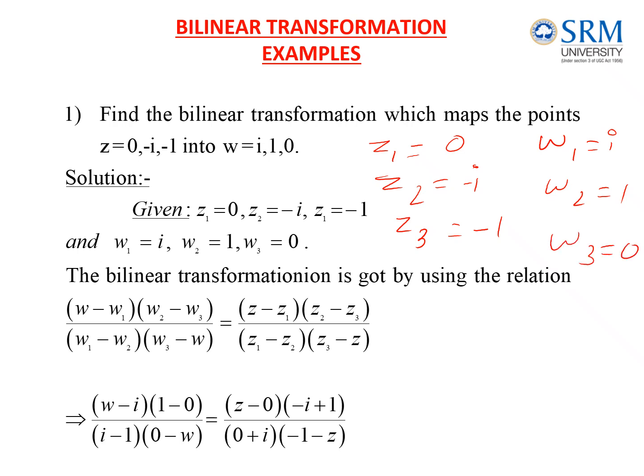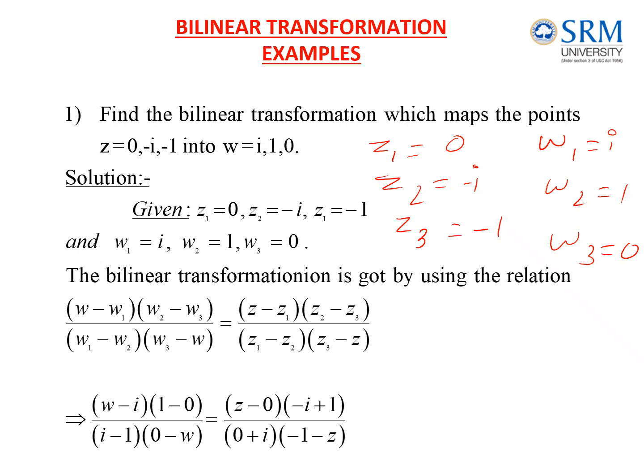Then we apply the cross ratio property for 3 points to find the bilinear transformation. We write the cross ratio property: (W minus W1) into (W2 minus W3) by (W1 minus W2) into (W3 minus W), and similarly on the right hand side. Then substitute W1, W2, W3 on the left hand side and Z1, Z2, Z3 on the right hand side.